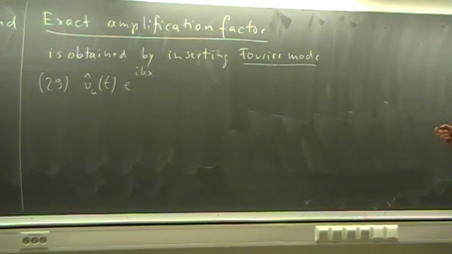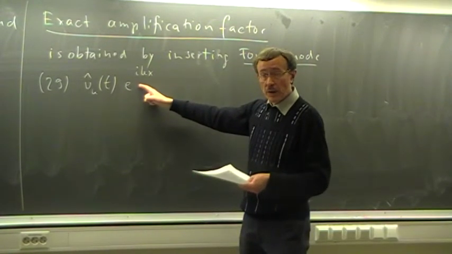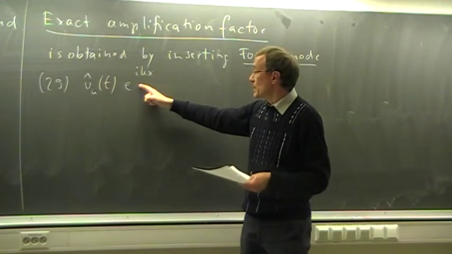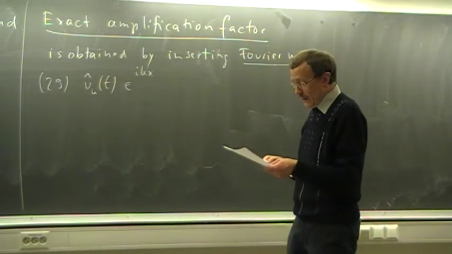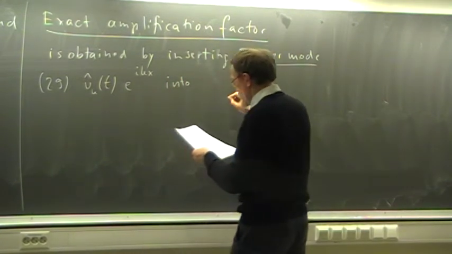So, as before, as what we also used for the von Neumann analysis, we assumed a form of the solution with trigonometric expressions. This is cosine plus i sine of x. We insert that into the equation that we want to solve.